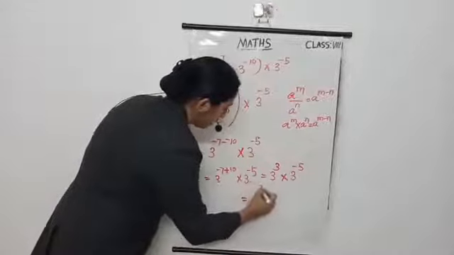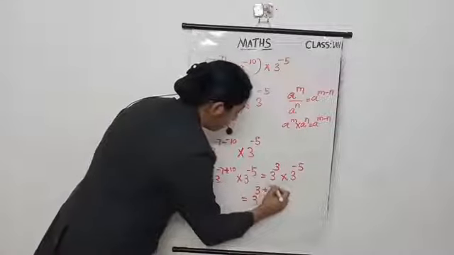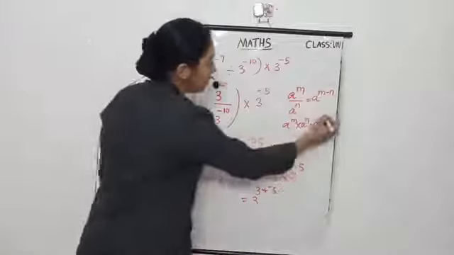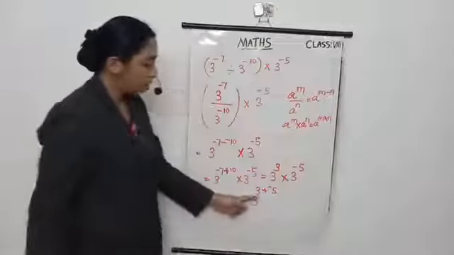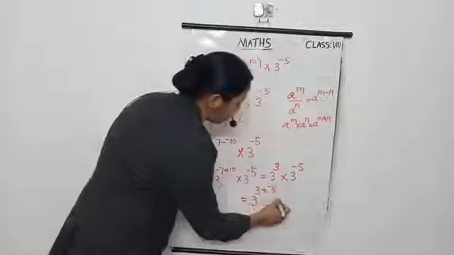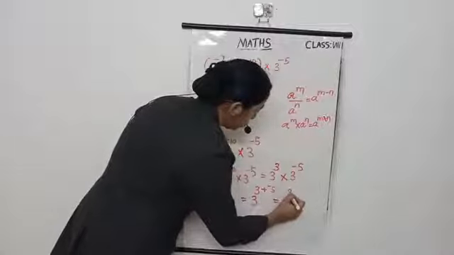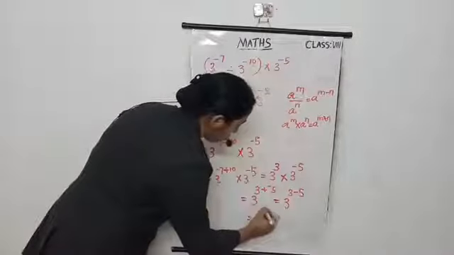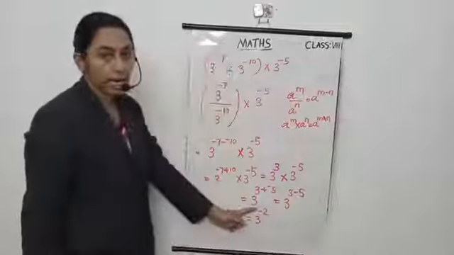This is 3 raised to 3 plus minus 5. Understood? Sorry, here a raised to m plus n. 3 raised to 3 plus this minus 5. Now plus into minus we get 3 raised to 3 minus 5 and this is equal to 3 raised to minus 2. So this is negative exponent.